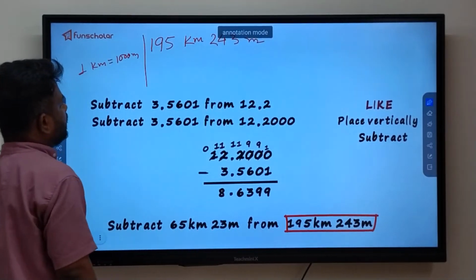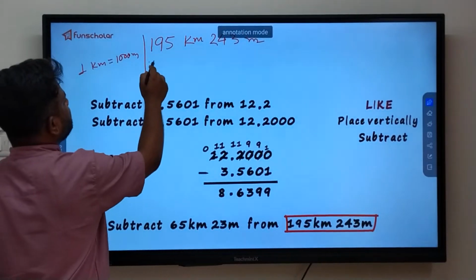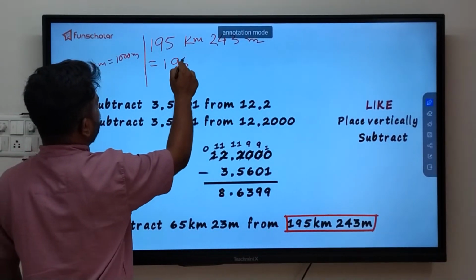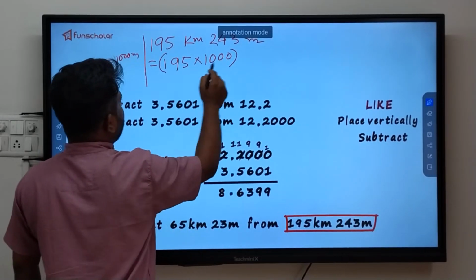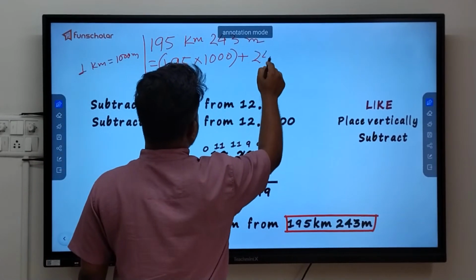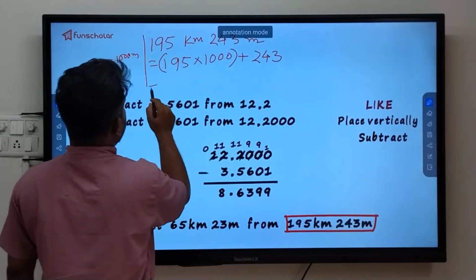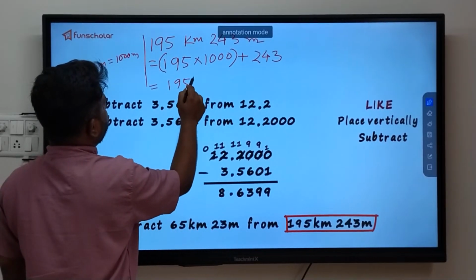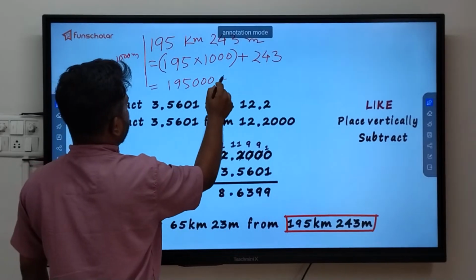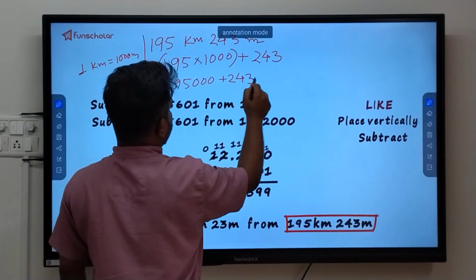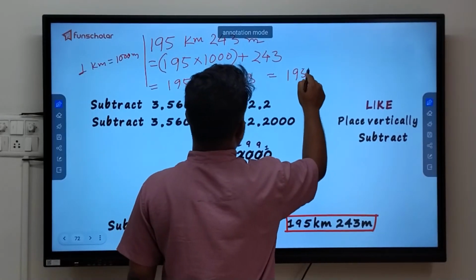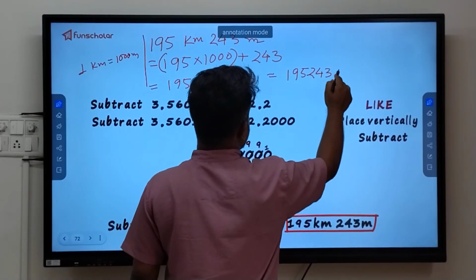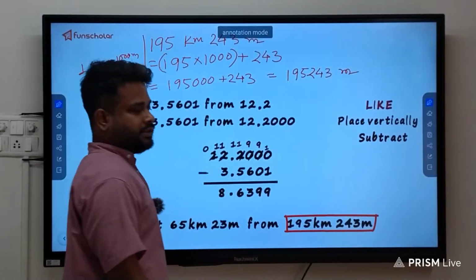1000 meters. Okay, so if you add this 195 into 1000 and then add 243 with it, 195,000 plus 243, it will be 195,243 meters.